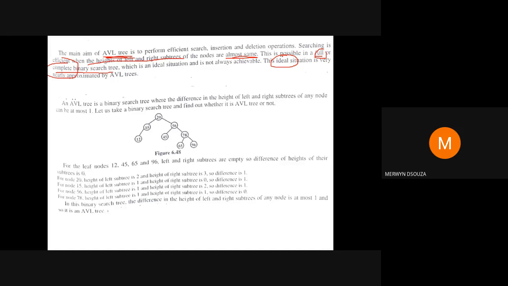It's not really possible to do it in practice always, but this ideal situation is almost achieved through this AVL tree.